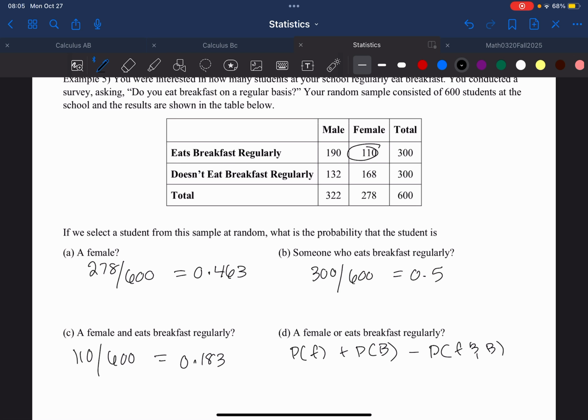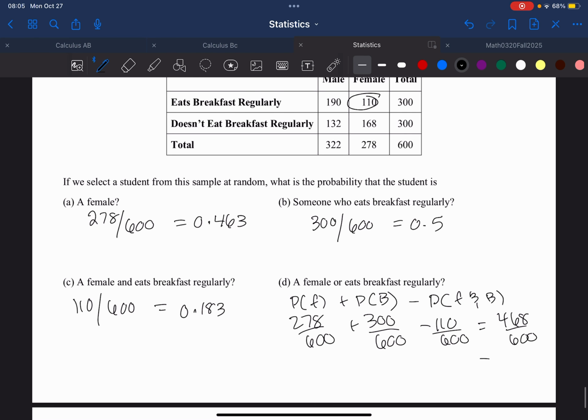And we already did all of those in A, B, and C. So this is going to be 278 out of 600 plus 300 out of 600 minus 110 out of 600, which is equal to 468 out of 600, which is going to be equal to 0.78, or about a 78% probability.